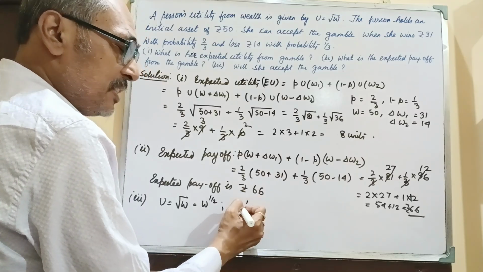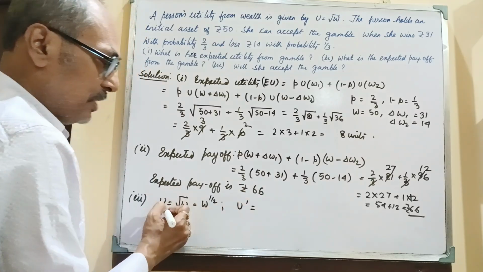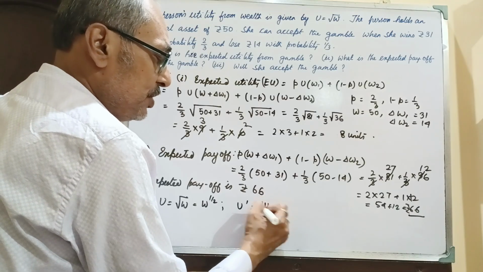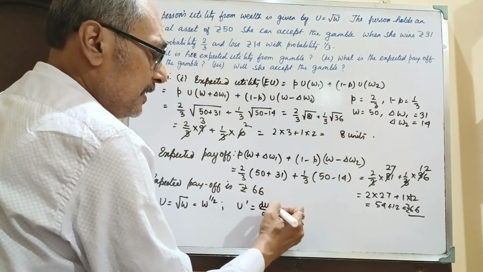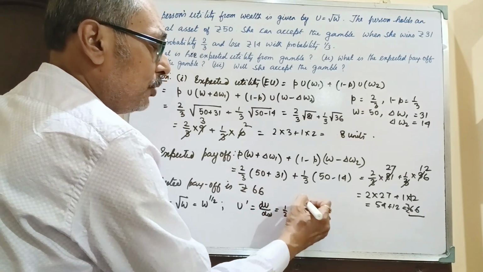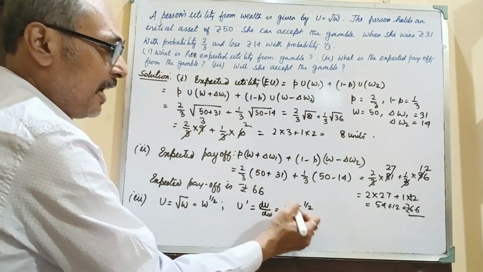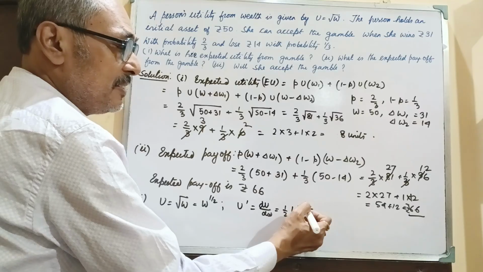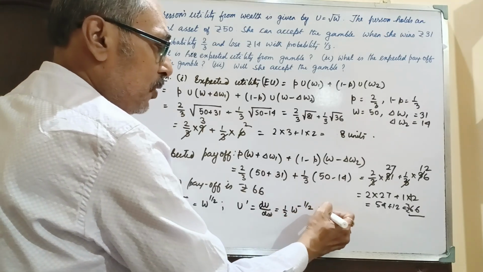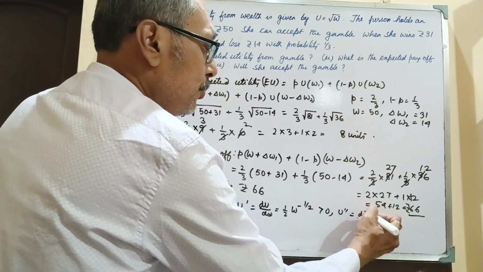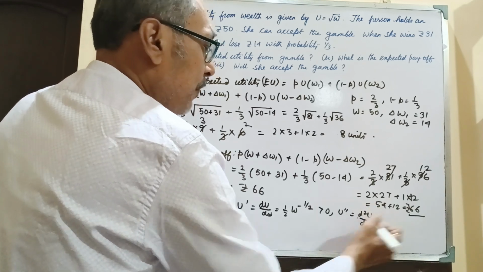I am taking the first order derivative of this utility function, du by dw. This equals half w to the power minus half, which is positive.